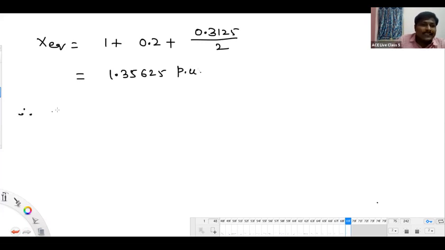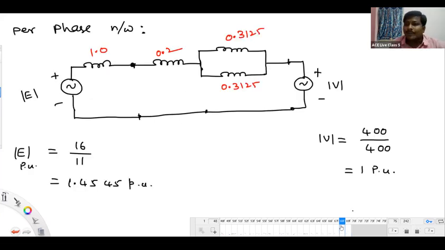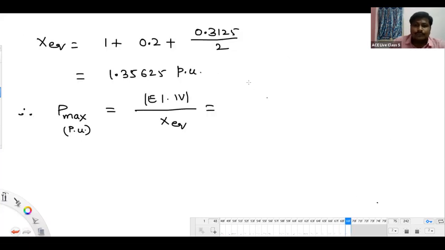Therefore, the maximum power transfer capacity of this network in per unit form you are going to get first. It is mod E, mod V by equivalent reactance. What is the mod E value? 1.4545. Mod V is 1. X value 1.35625.